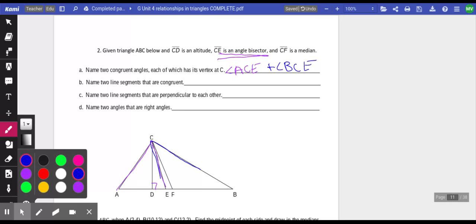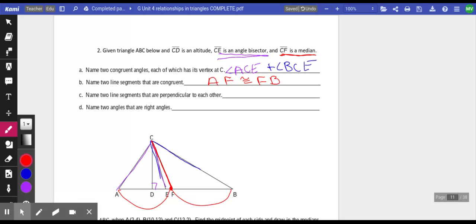Name two segments that are congruent. If I'm looking for congruent segments, then I'm going to use the fact that CF is the median, because I know the median cuts the opposite side in half. So since CF is the median, F is the midpoint, and my congruent segments are AF and FB. Name two segments that are perpendicular.